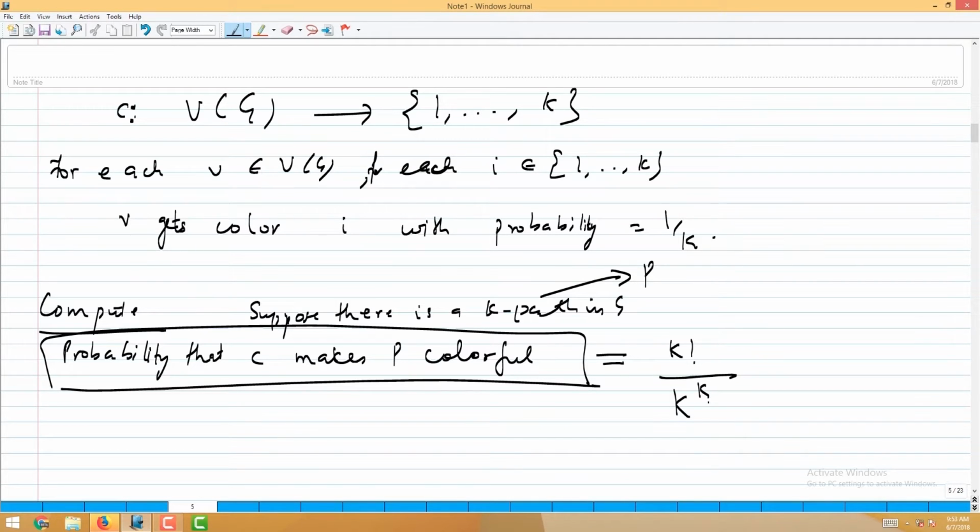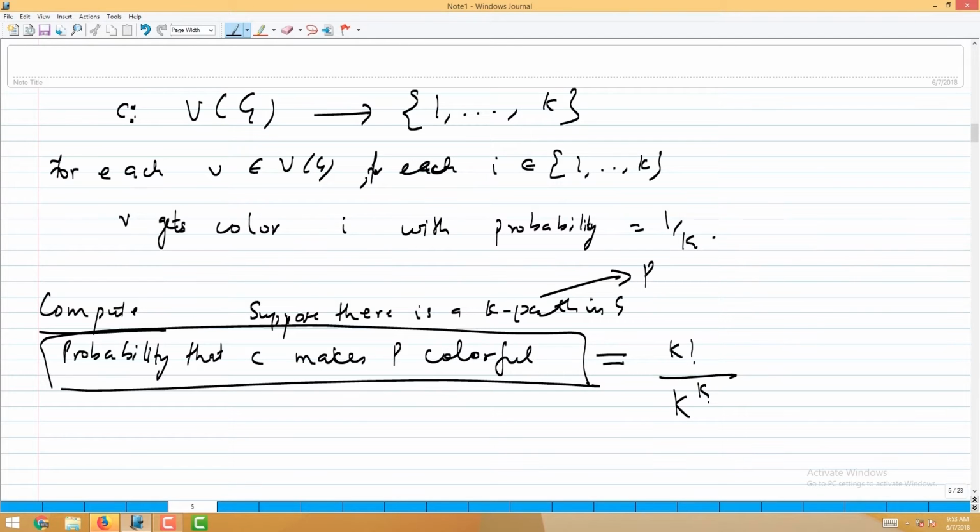Okay, yeah. So as he says, it's that. The way he's saying is, if you want to make a particular path colorful, how many ways can you make that path colorful? A path is colorful if it is using all the colors.